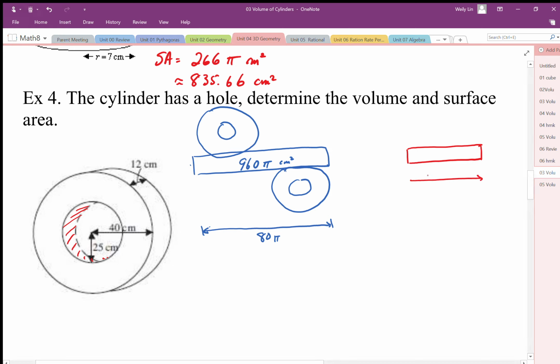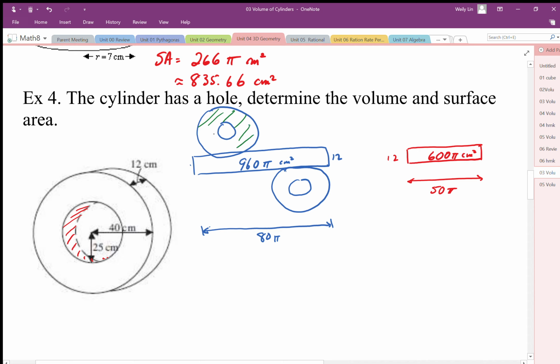That's the inside. The inside radius is 25, so the diameter is 50. 2 times the radius times pi gives us the inside circumference. The height is 12 in both cases for both rectangles. That inside surface works out to be 600 pi centimeters squared.